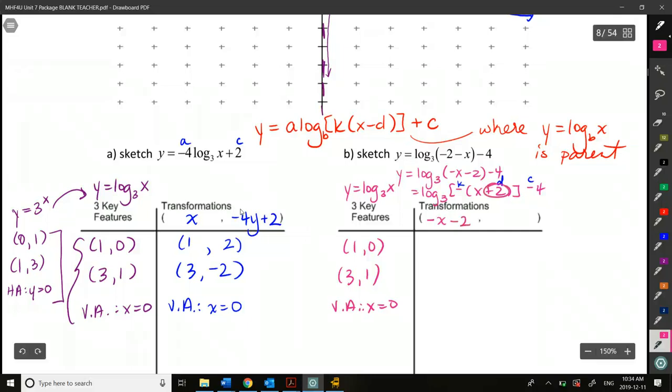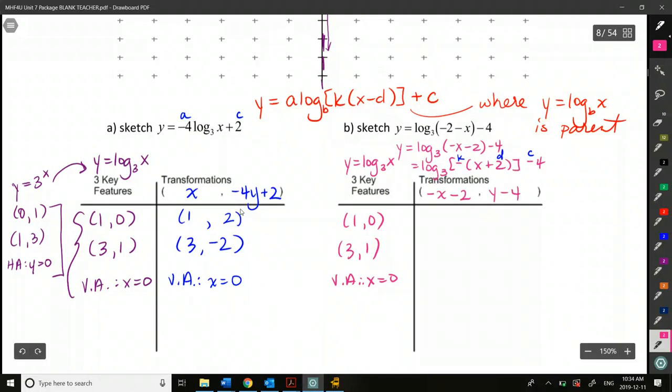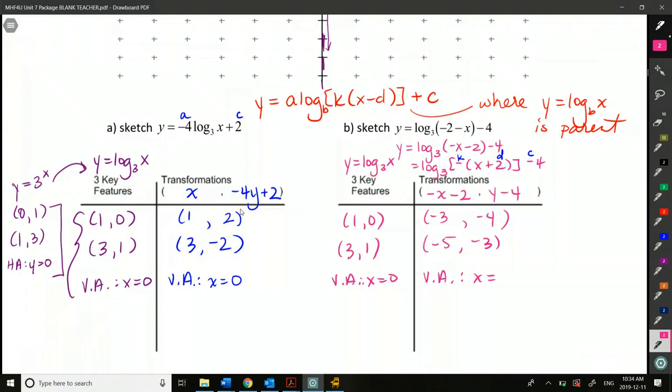We have to switch the sign of the d value. And what about y? Liam? Y minus 4. Good. Okay, so we'll get (-3, -5) and (-4, -3). New location of the vertical asymptote. Who can help us with that? Go ahead, Jonathan. X is the same as the d value, so therefore it's 2. Negative 2, actually. This is the shift left 2.